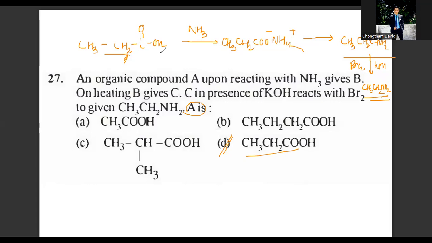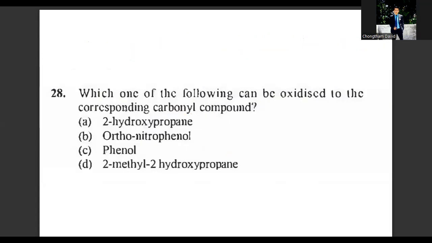Question number 28. Which of the following can be oxidized to the corresponding carbonyl compound? Remember, carbonyl compounds are aldehydes and ketones containing a carbon-oxygen double bond, and they are obtained by the oxidation of either primary or secondary alcohols. Please go and refer to the previous episode on alcohols, phenols, and ethers.